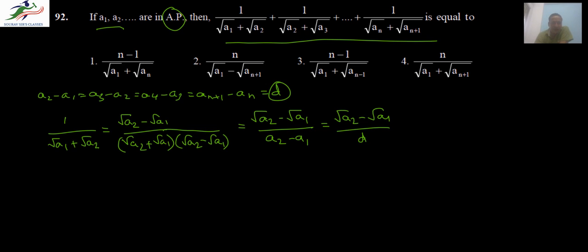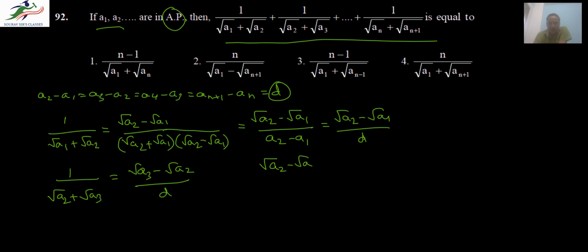So similarly, I can write 1 by root a2 plus root a3 as root a3 minus root a2 by the common difference.